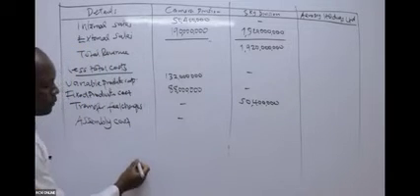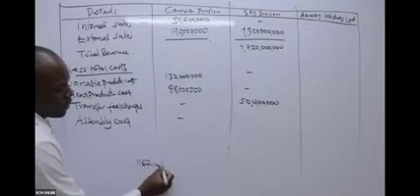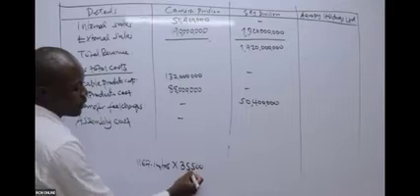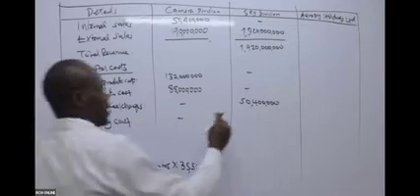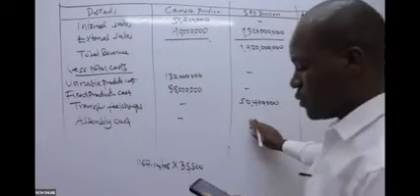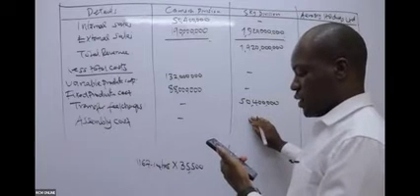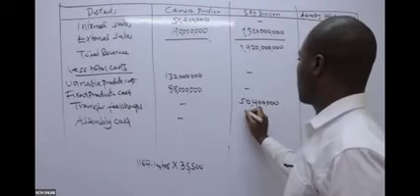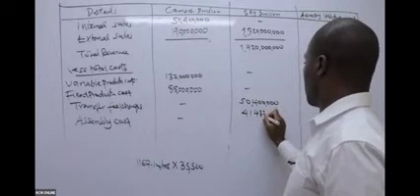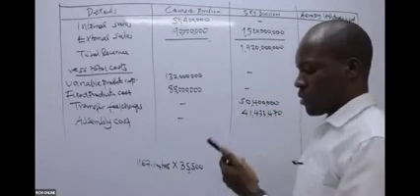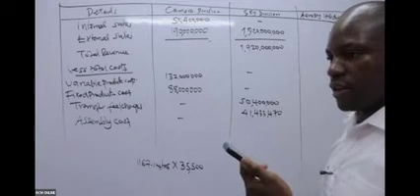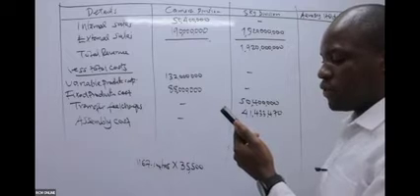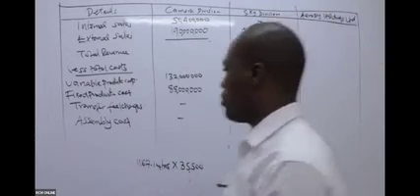Remember, we were getting 1167.14 hours and we multiplied by the rate per hour, 35,500. Can you give me that figure so that we post it here? 41,433,470. Great.